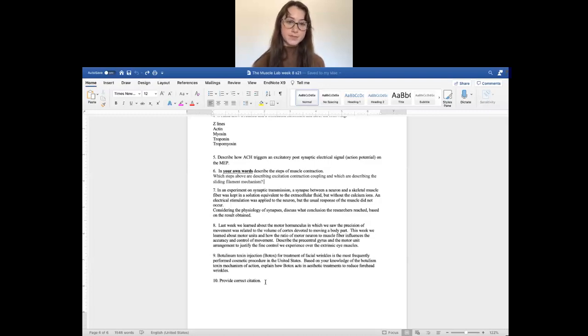Number 9, botulism injection. Botulinum toxin injection, which is Botox, for treatment of facial wrinkles is the most frequently performed cosmetic procedure in the United States. Based on your knowledge of the botulism toxin mechanism of action, explain how Botox acts in aesthetic treatments to reduce forehead wrinkles.